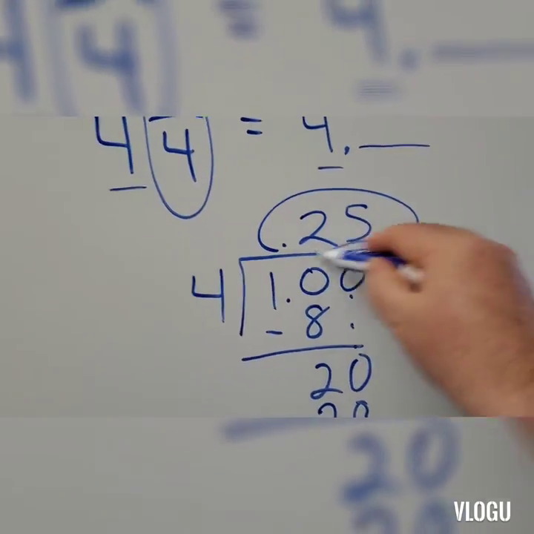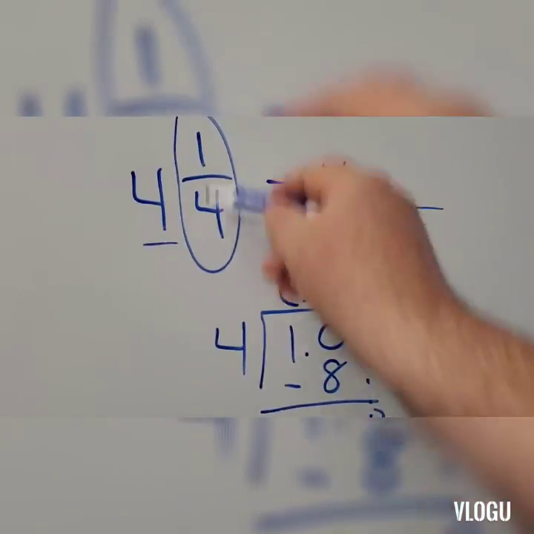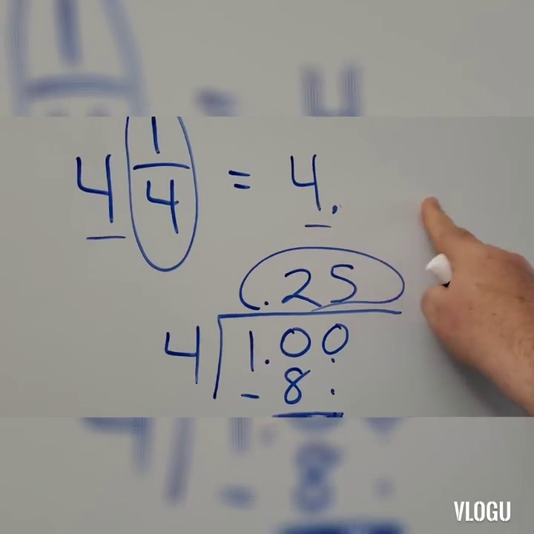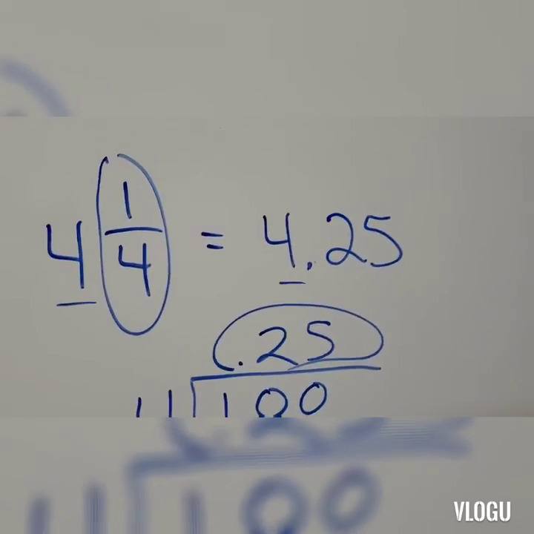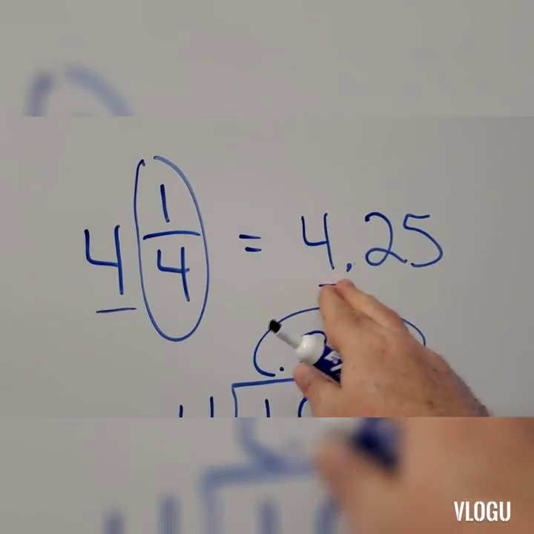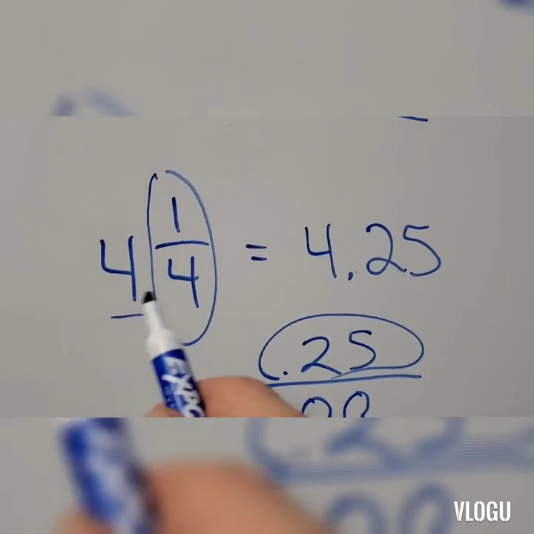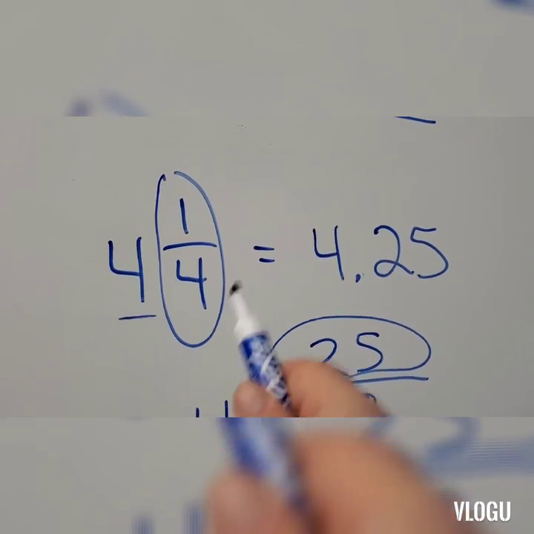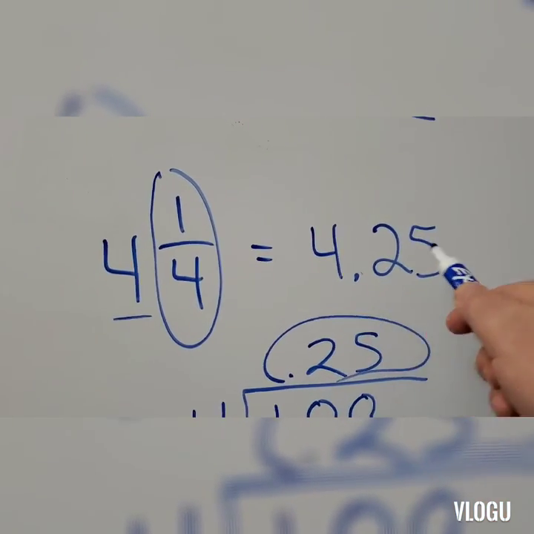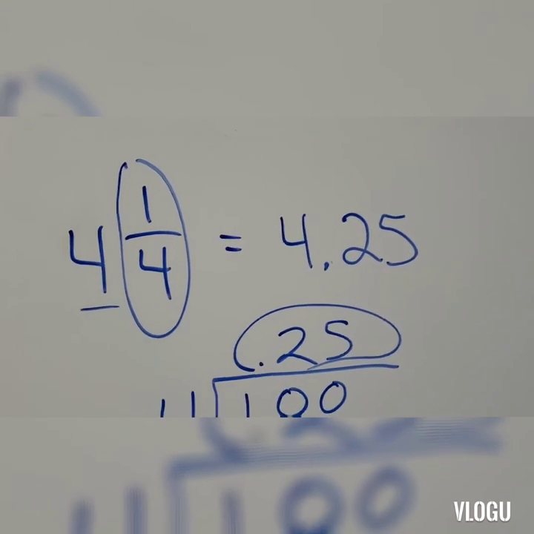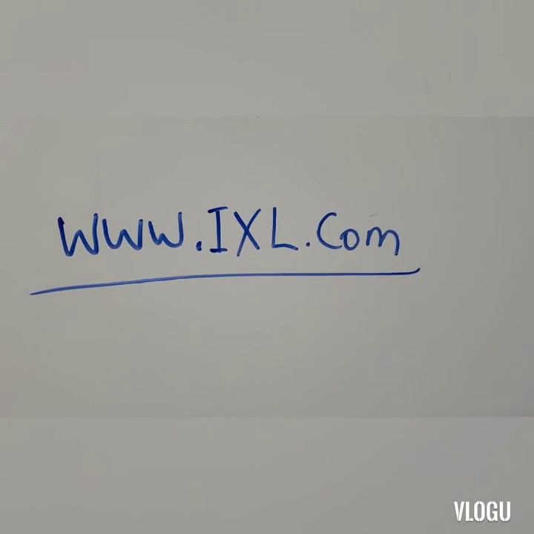No remainder. I'm done. The 1/4 is written as 0.25. So 4 1/4 as a mixed number is equal to 4.25, or 4 25/100.